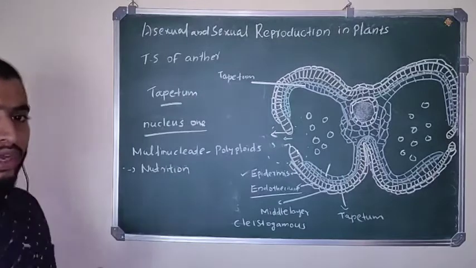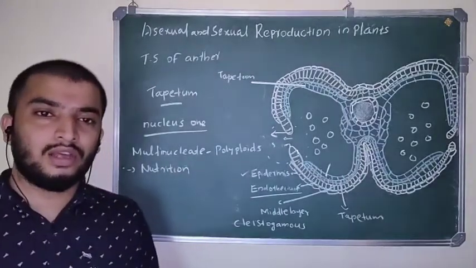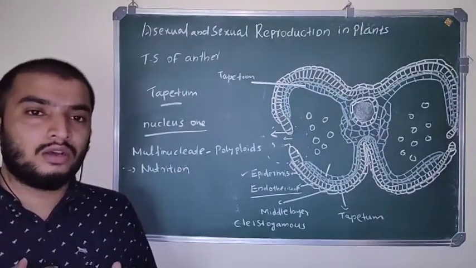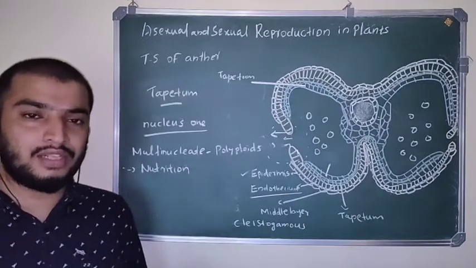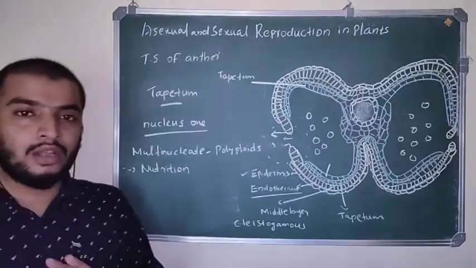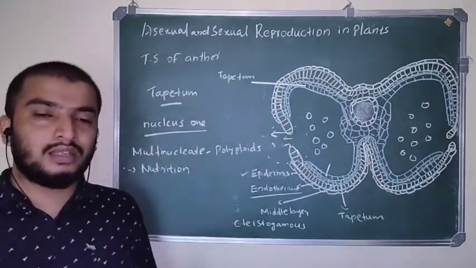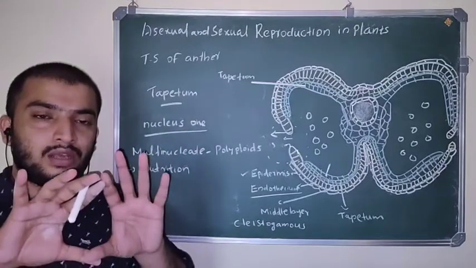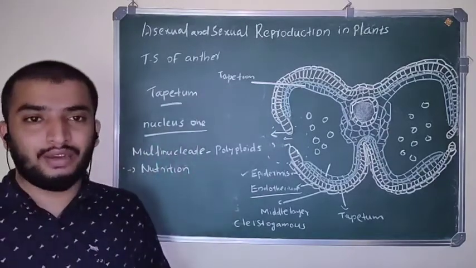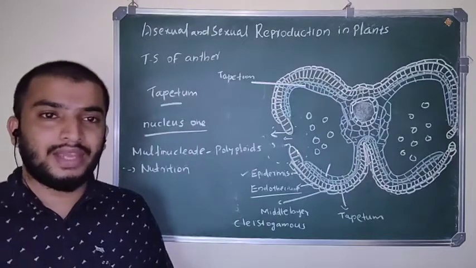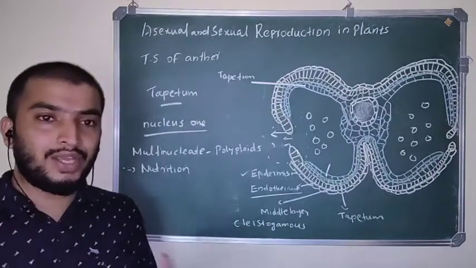Then they also contribute to the formation of the wall materials of pollen grains, like sporopollenin. Sporopollenin is a substance which is present on the wall of the pollen grain. Okay, and also pollenkitt. Pollenkitt is also present on the pollen grain.